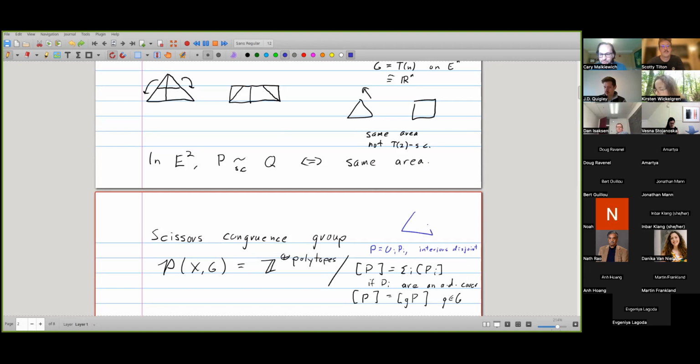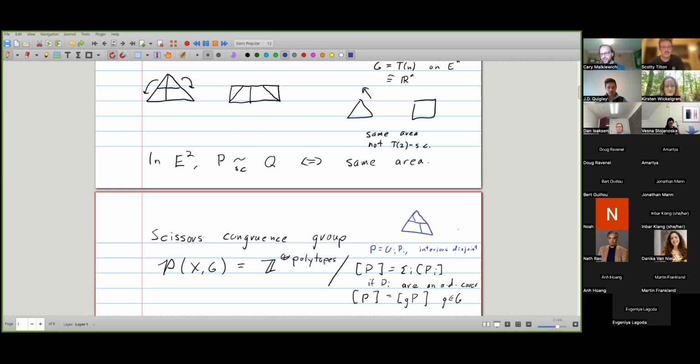Intuitively, that corresponds to taking your polytope and allowing yourself to cut it up into pieces. So the class of the big polytope is the sum of the classes of those pieces in this group. And then secondly, the class of any polytope is equal to the class of g applied to that polytope, for any g in my group G.